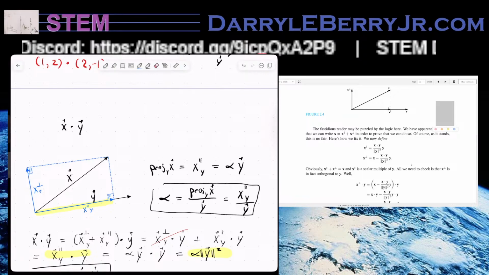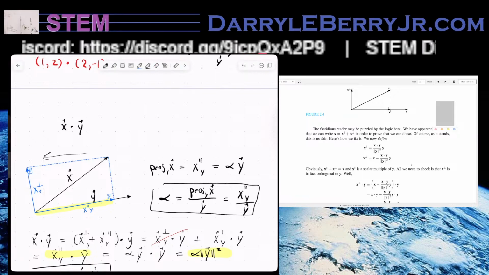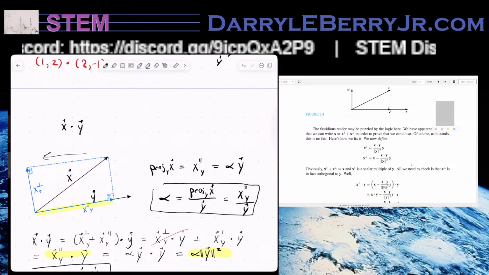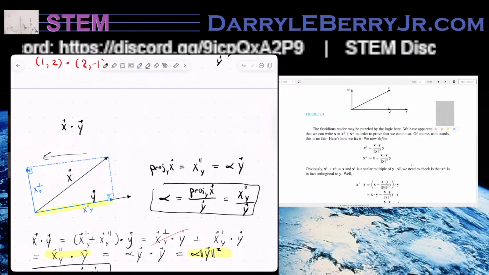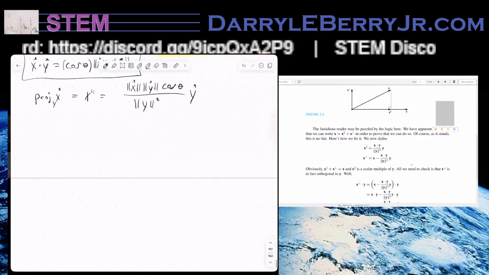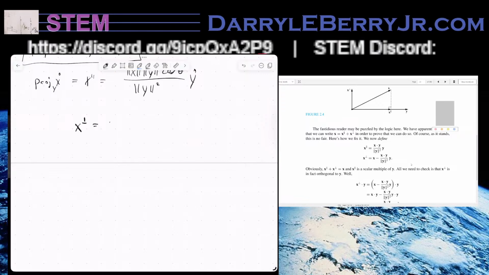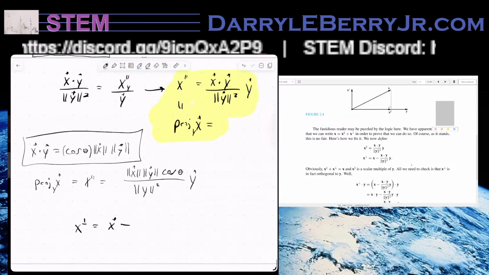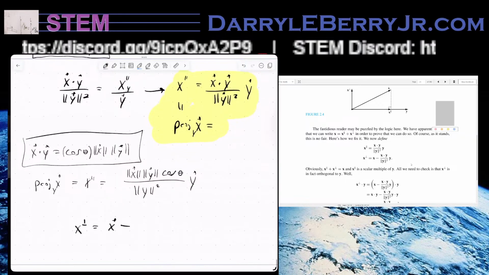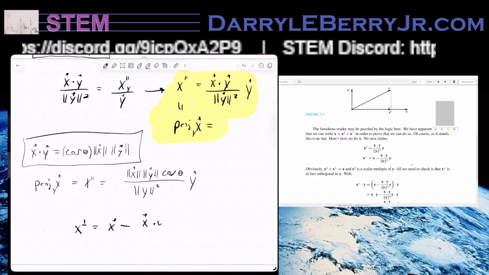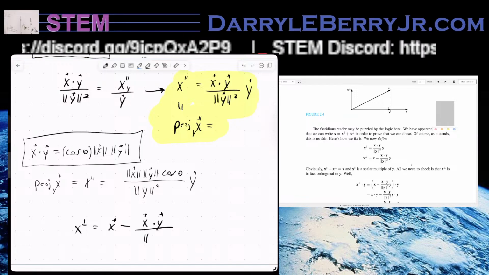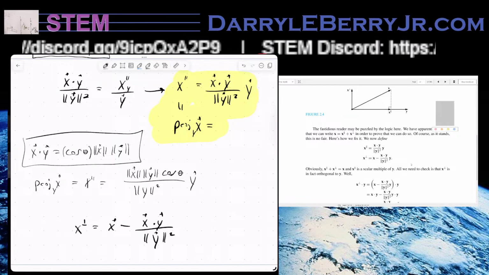X minus x parallel, with x parallel going here, will be the perpendicular. So that means that x perpendicular equals x minus x dot y over the magnitude of y squared, times y.